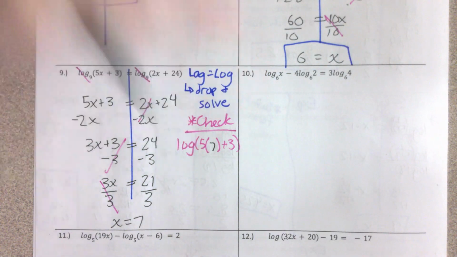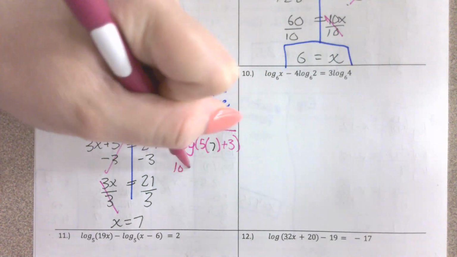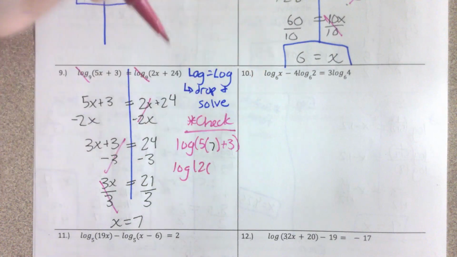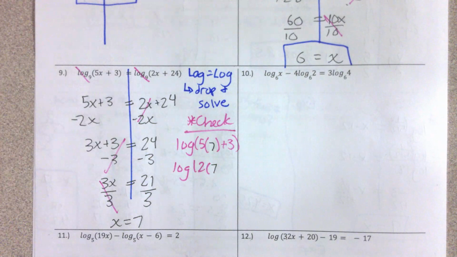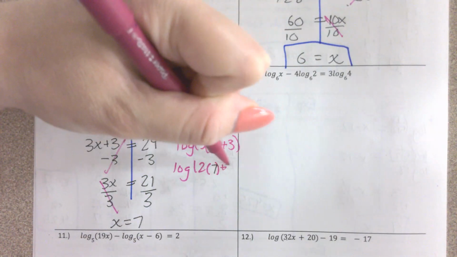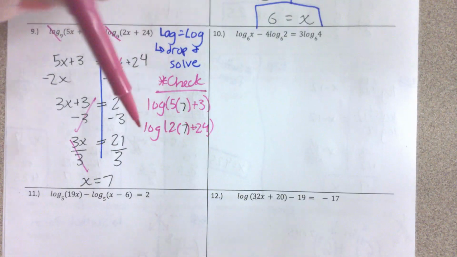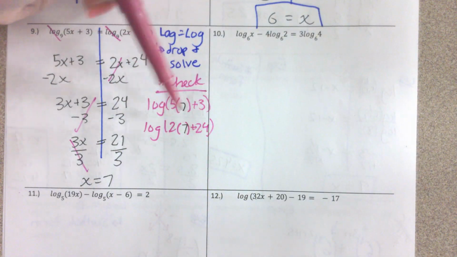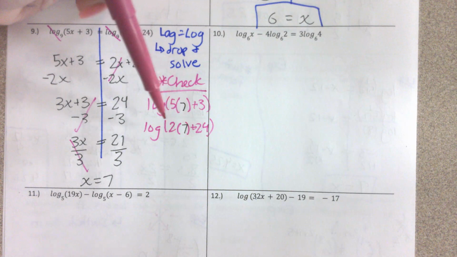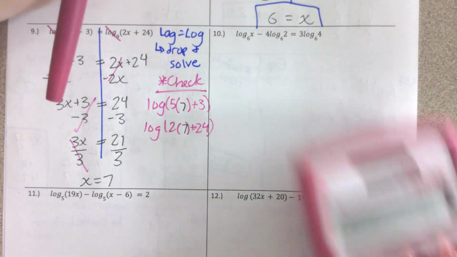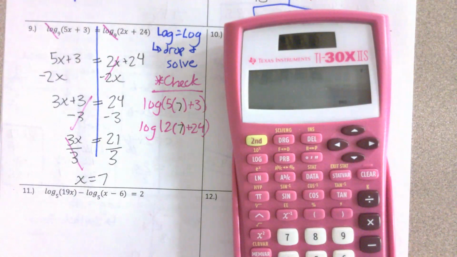And again, we have log of 2 times our x, again, was 7, plus 24. Now, once again, you can do the little math in your head and see what number this turns out to be, or at least reason with yourself what the sign is going to turn out to be. Or you can just, as a precaution, put it in your calculator and see.